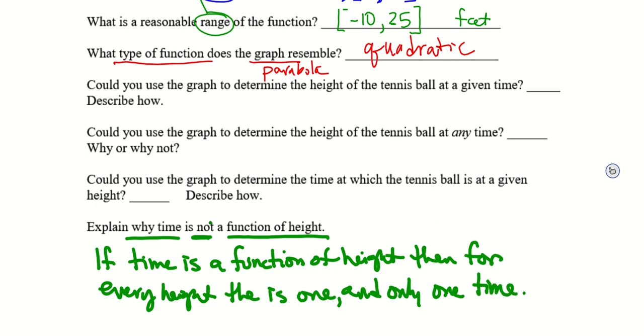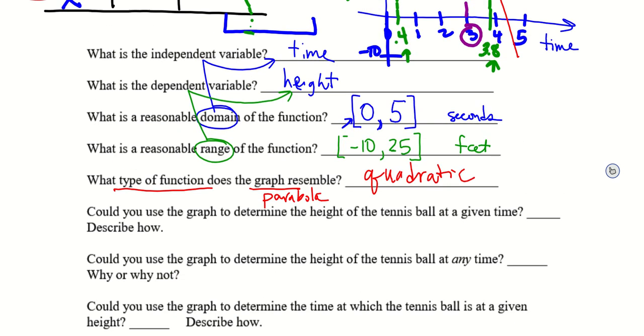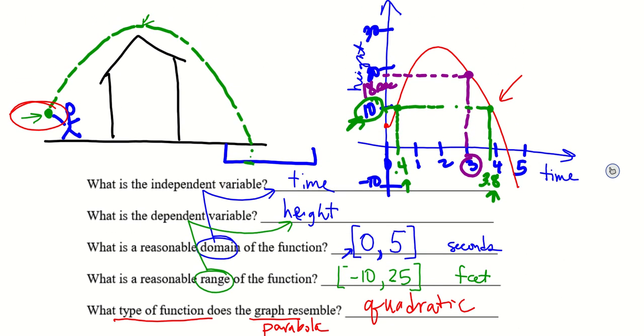So, time is not a function of height because for this height, there were actually 2 times.